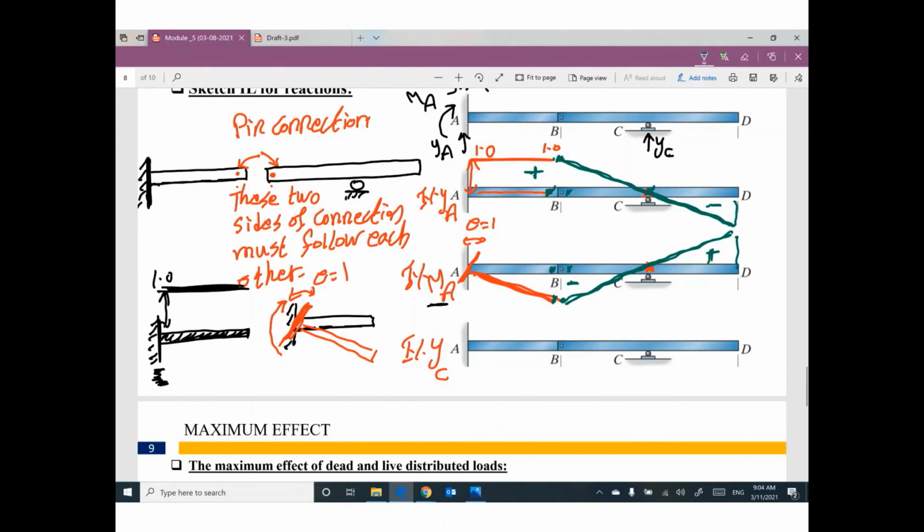The influence line for YC: move support C up by 1. Any other support without movement.